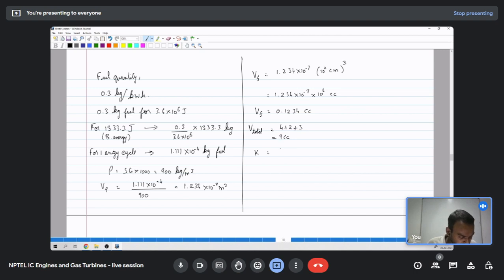So with this we have 18 into 10 power minus 6 equal to delta V by total volume, which is 9 cc, divided by the delta pressure, and delta pressure is 300 bar minus 1, because at the plunger it is compressed from 1 bar to 300 bar. So now we will know the delta volume.